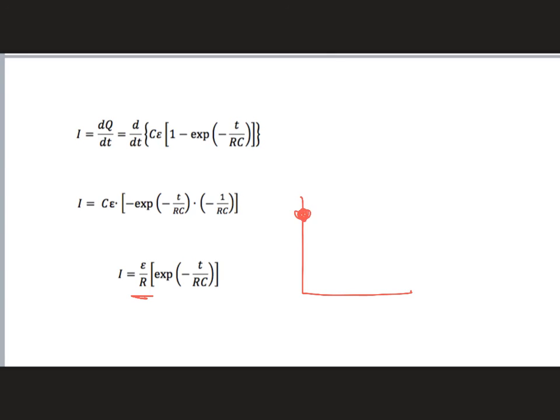So at t equals 0, we would expect E over R to be the value of the current, and then it would exponentially fall off towards 0. And as t goes to infinity, this term goes to 0, similarly as we said in the last slide, because we're dividing by something that's getting bigger and bigger. So this is how the behavior for a charging capacitor works.